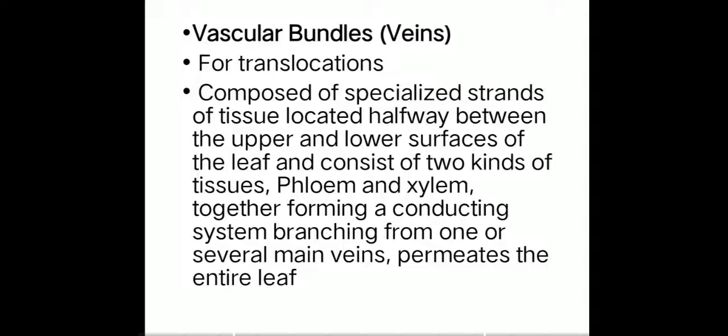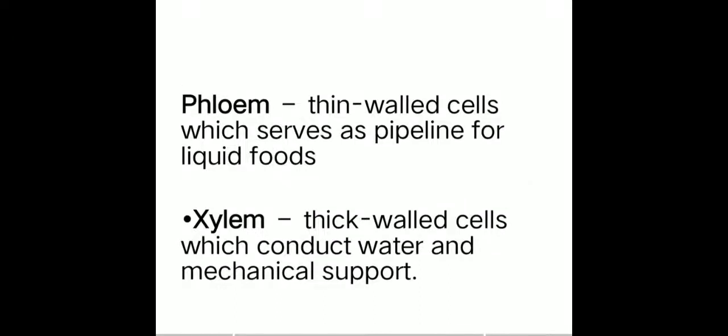Vascular bundles are part of the transport system in a vascular plant. Phloem, thin-walled cells which serve as a pipeline for liquid foods, while xylem, thick-walled cells, conduct water and provide mechanical support.